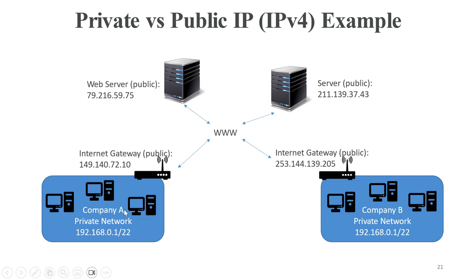But the point is that the CIDR must be different for each. Suppose I already used it here, then the other network's CIDR must be different. Only then can I map these two networks.